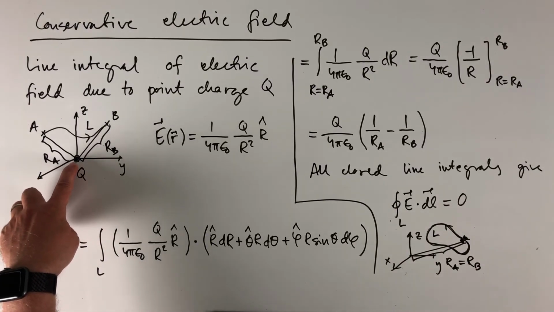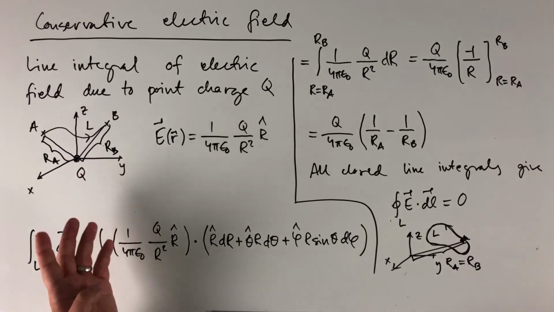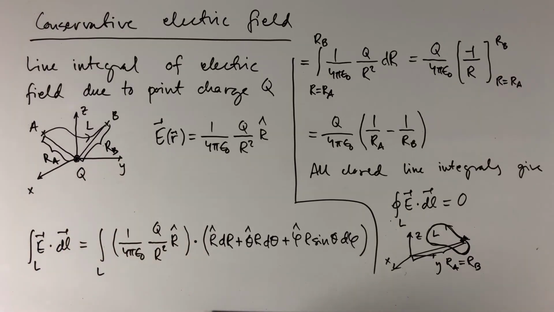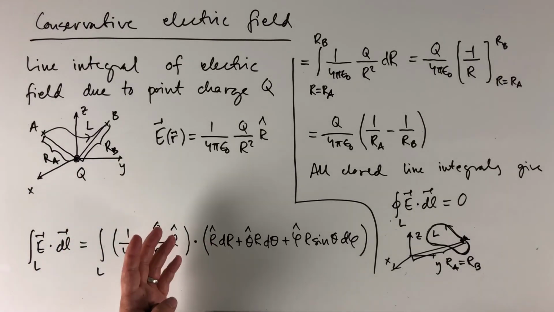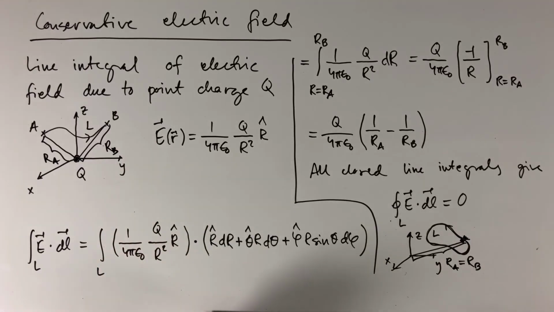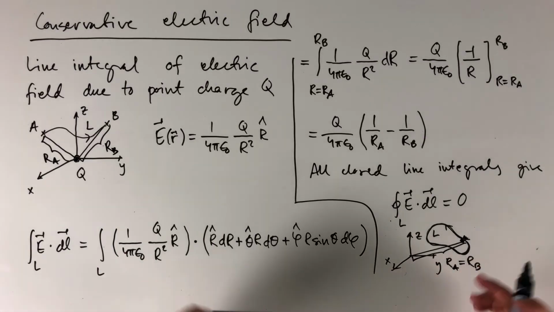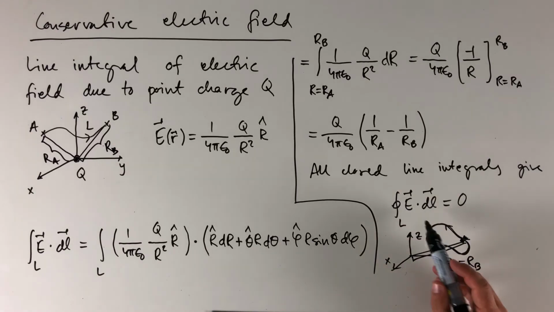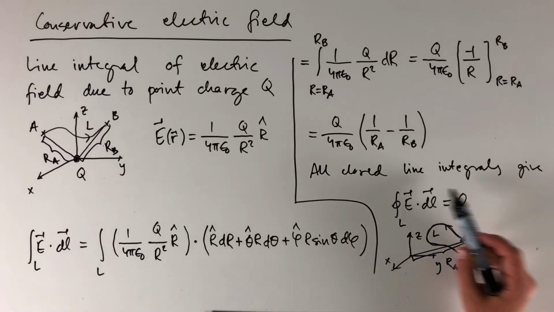And if it applies to a superposition of point charges, it applies to any charge distribution, should it be a volume charge density, a surface charge density, or a line charge density. So we can have any complicated electrostatic charge distribution. This result holds anyway.